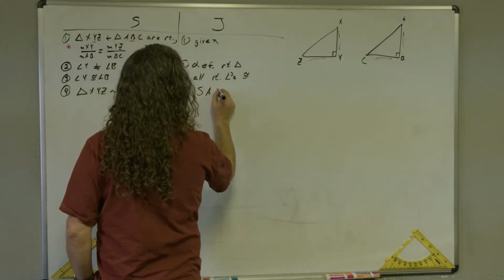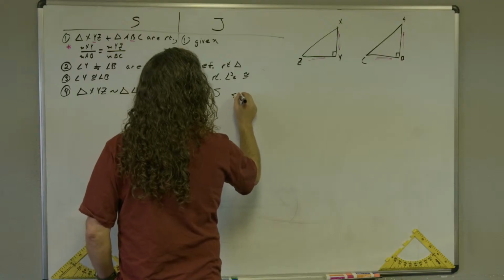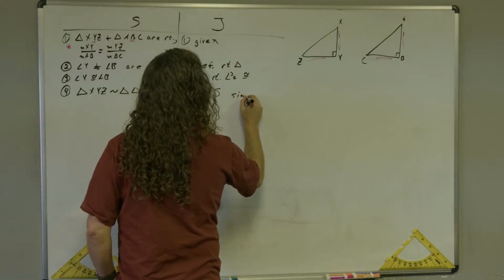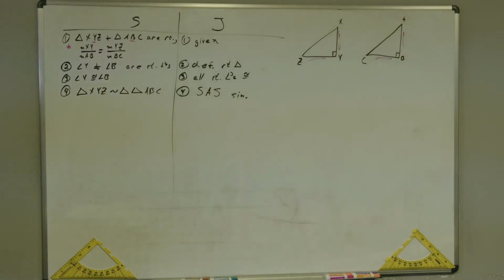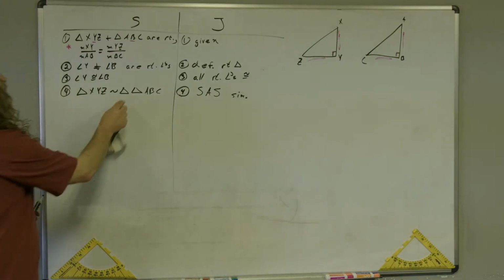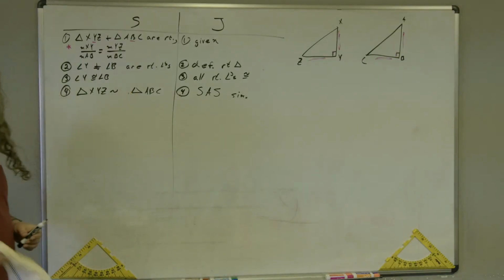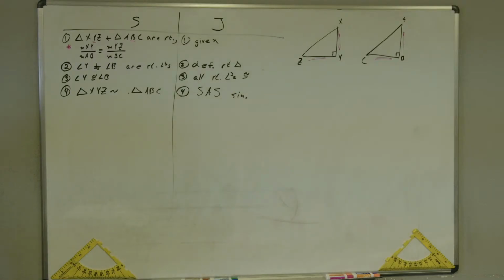I like to put side, angle, side similarity on there to keep it from being confused with side, angle, side congruence. I wrote triangle twice. Makes sense.